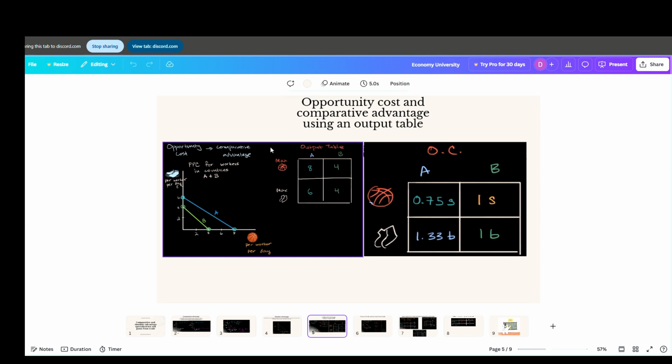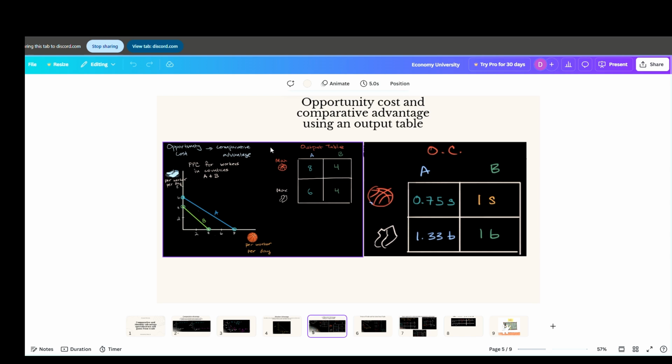And 0.75 shoes is the cost of one ball, while country A is producing it. And for the shoes, it's vice versa. Using the output table, we can just take a reciprocal of it and divide 8 by 6, and we will have 1.33 balls, which is the opportunity cost of one pair of shoes.